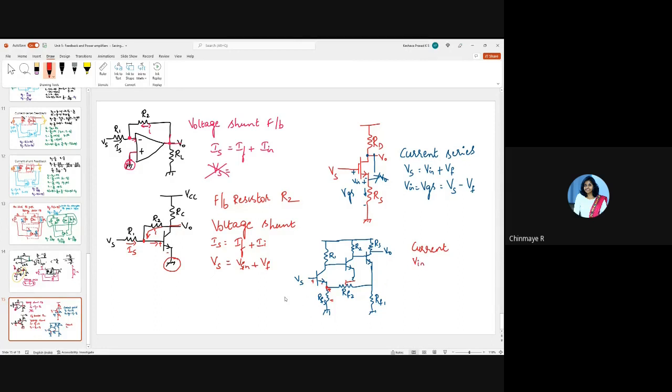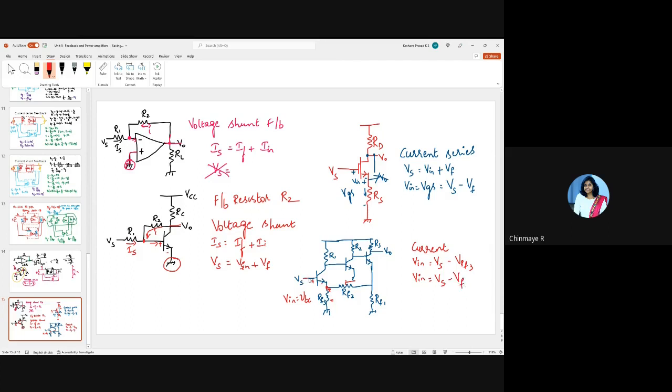Do you get it? Therefore, we can express Vin. Vin here is nothing but the AC VBE, right? That can be expressed as Vs minus the voltage across RF3. So the voltage here can be expressed as Vin minus Vf.